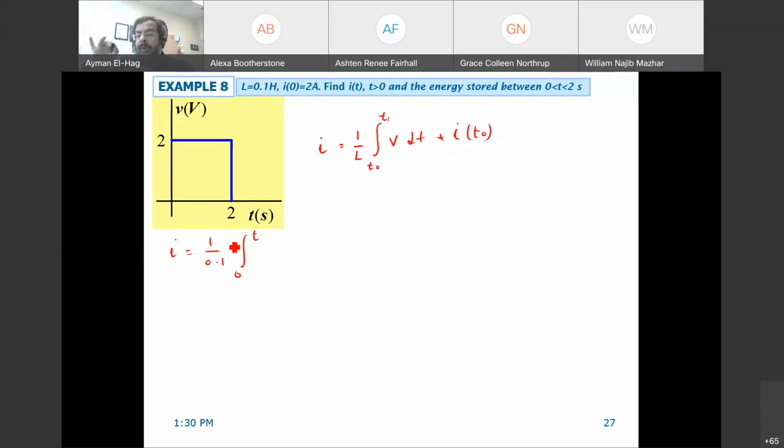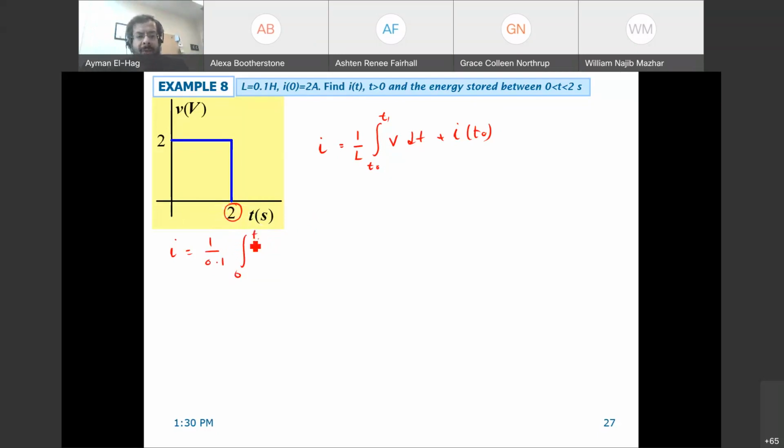Okay, because I want to see the current relation from 0 to this T, which T is by the 2 seconds. But I will not substitute 2 here, because if I substitute, I will have a value. It will give me the current at T equal to 2. But I want from 0 to 2, so I want to see the relation in this range.